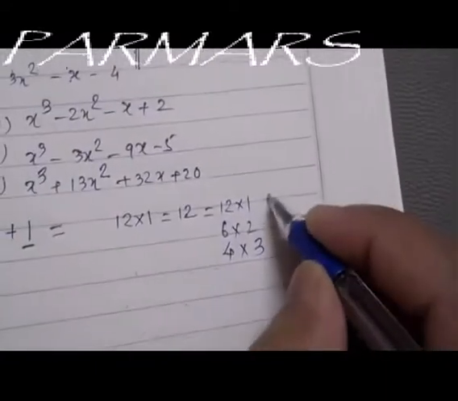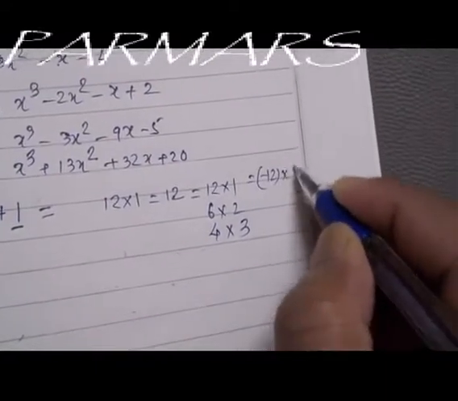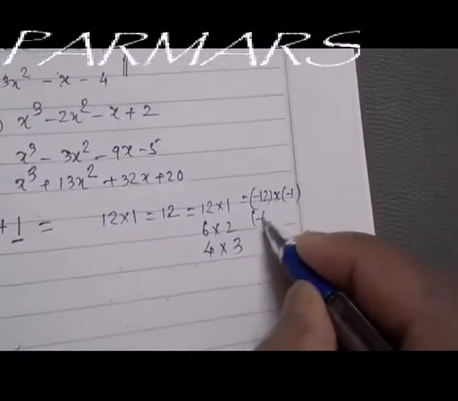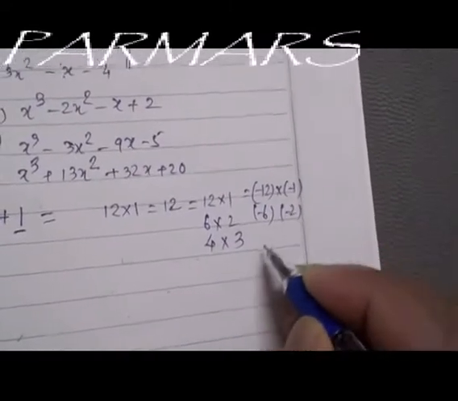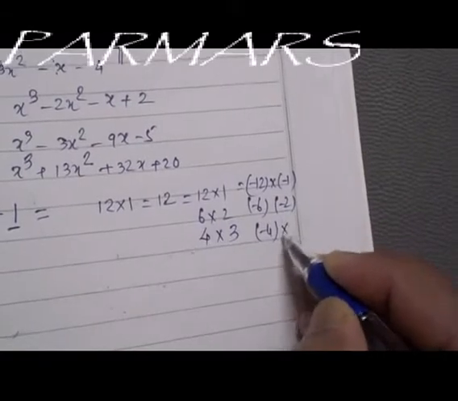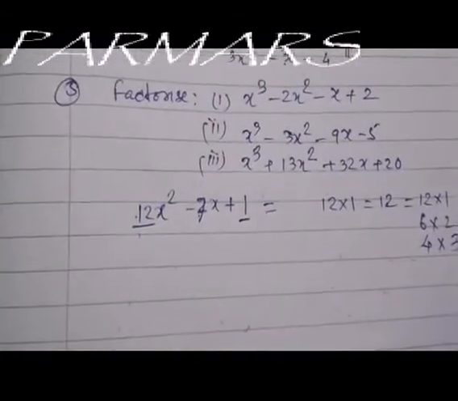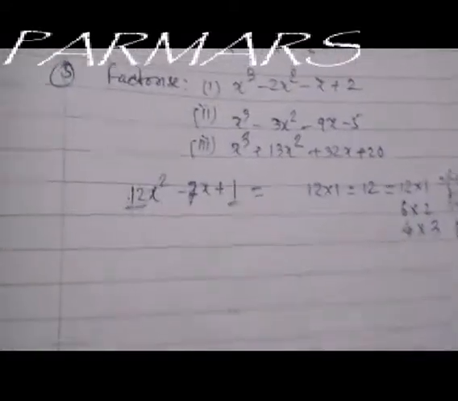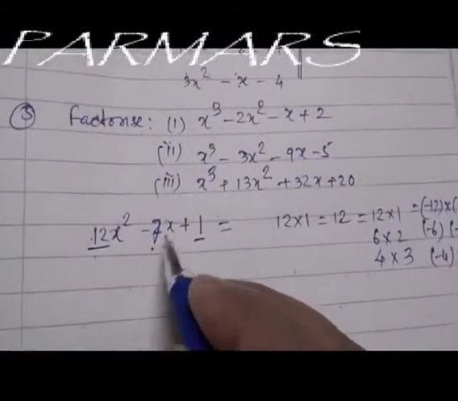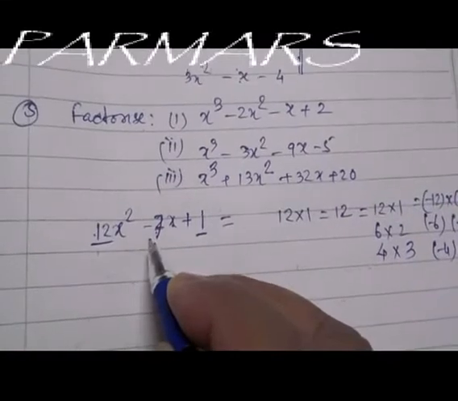Rather you can say minus 12 into minus 1, minus 6 into minus 2, minus 4 into minus 3. Now, the coefficient of x is minus 7.